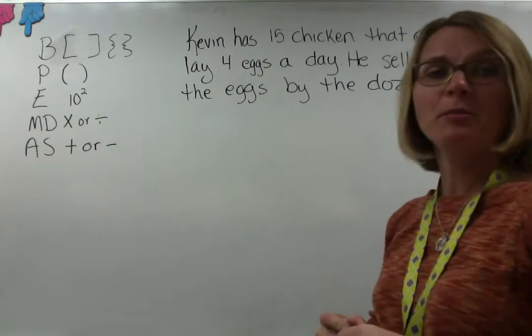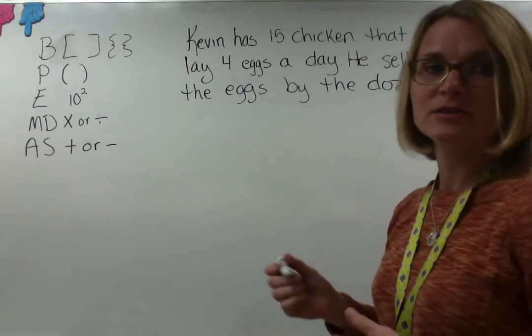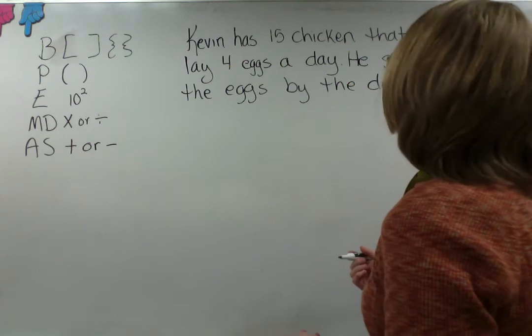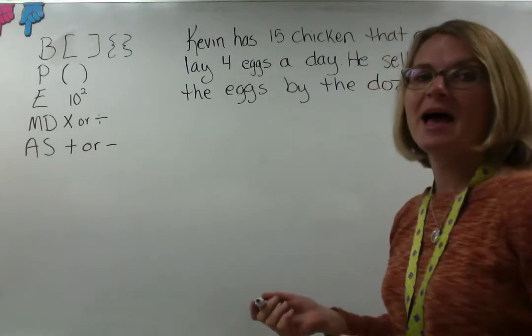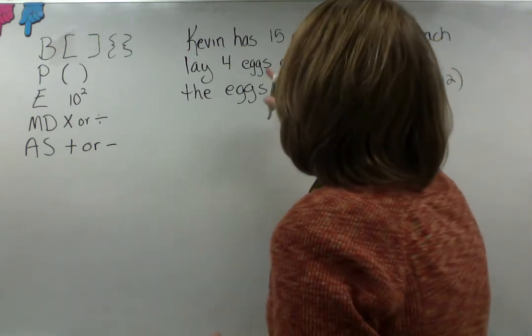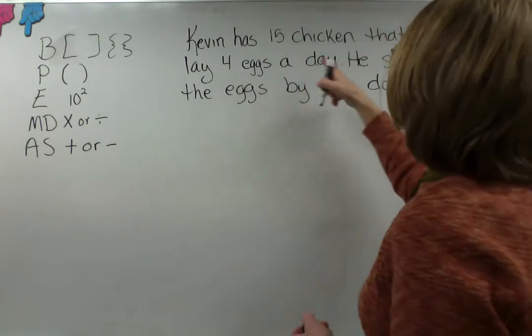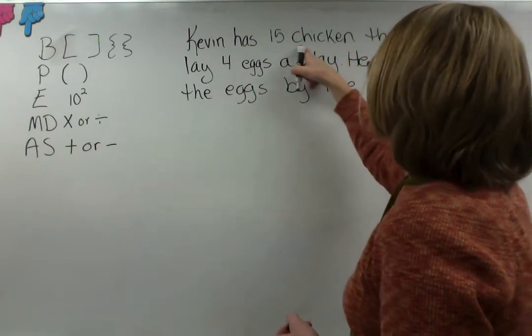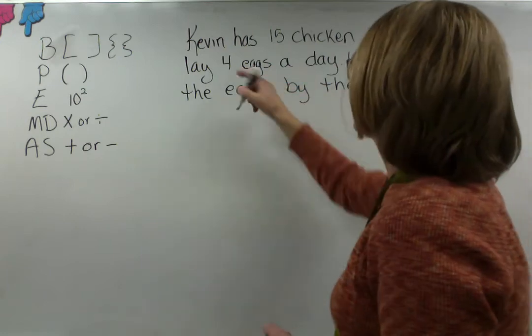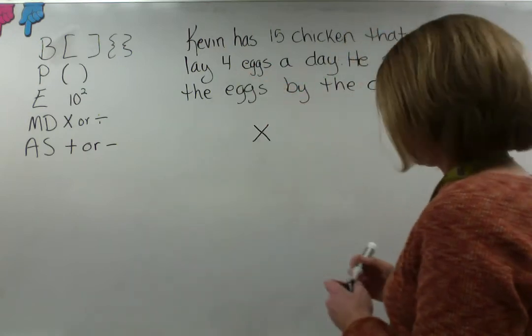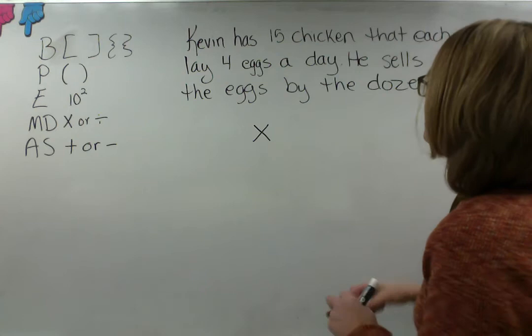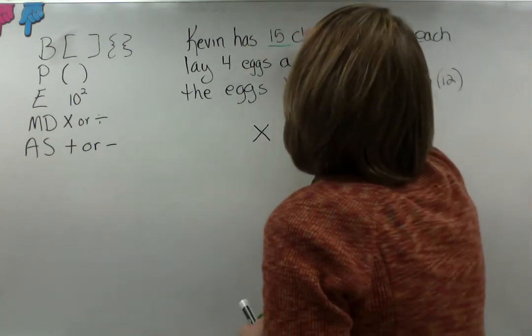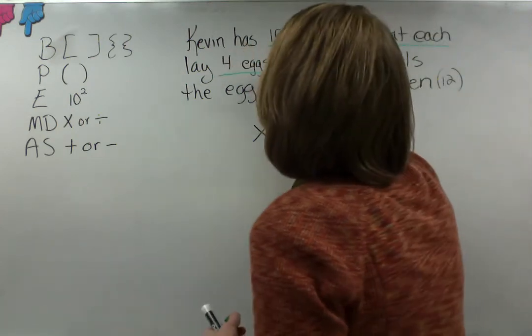So before he can put his eggs in containers of a dozen, he needs to figure out how many eggs he has. So he has 15 chickens that each lay 4 eggs. So this is going to be multiplication because, all right, 15 chickens that each lay 4 eggs.